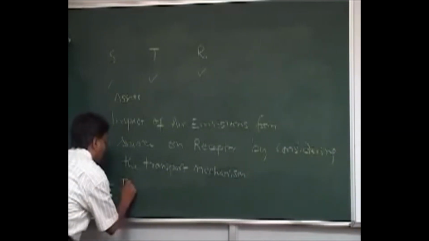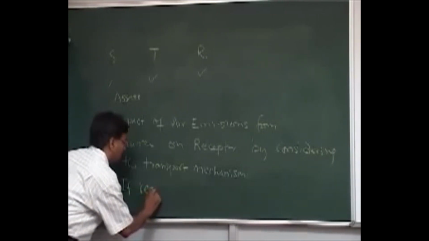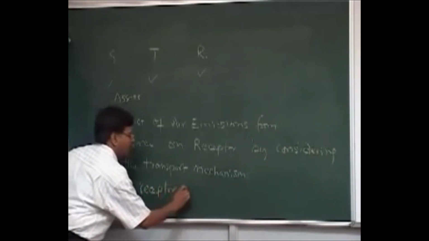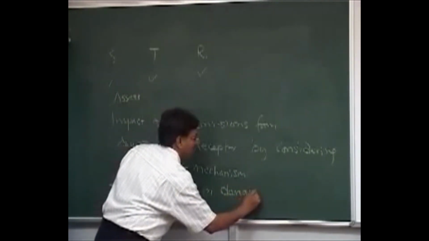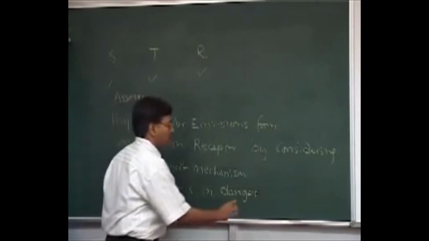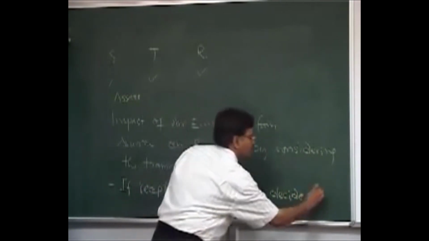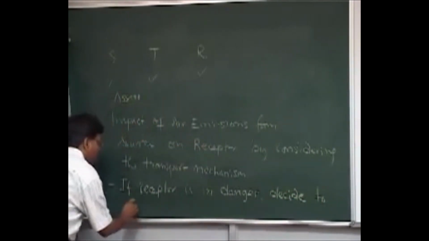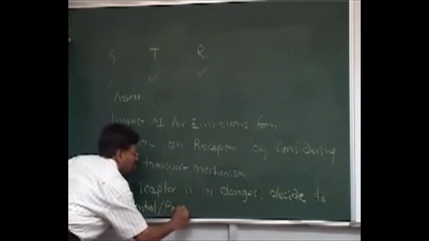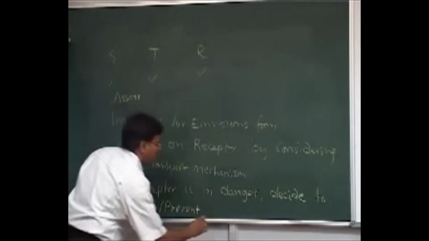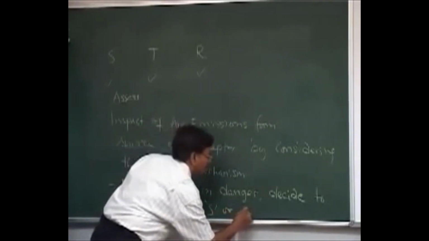If I write in a little crude language, but that helps in understanding: if the receptor is in danger, decide to control or prevent, if you like, the source emission.